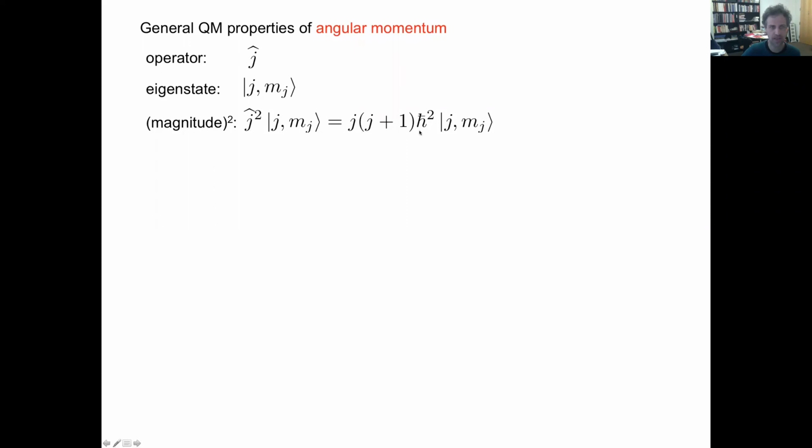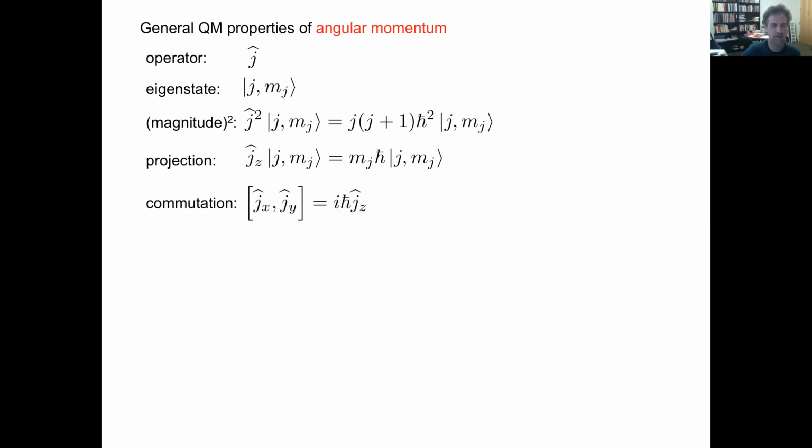That is the magnitude squared of the angular momentum, so this is how big the angular momentum is. The projection operator onto the z-axis generates eigenvalues, when operating onto its eigenstates, that have mj times h bar as their value. So these are the projections onto the z-axis, the same thing as stated before.